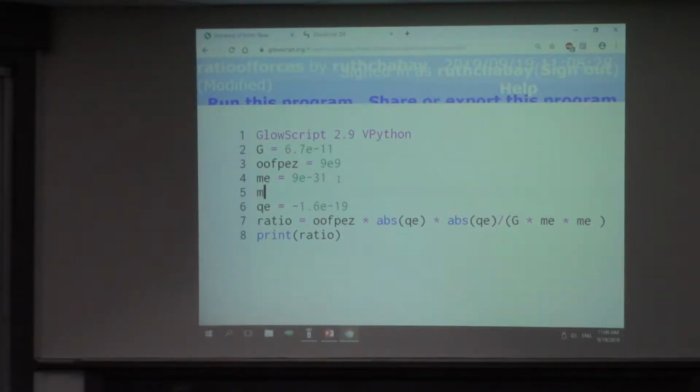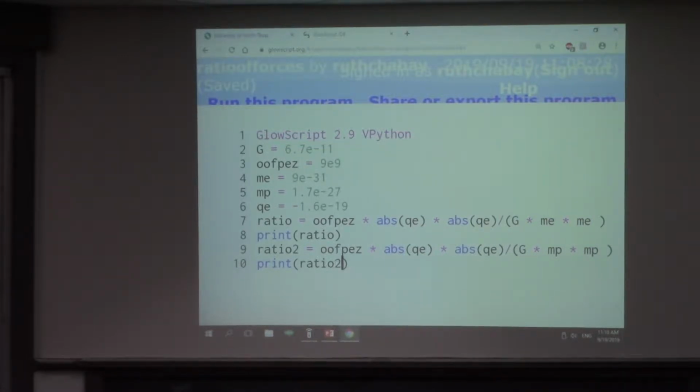So let's change this to mass of a proton. The mass of a proton is 1.7 times 10 to the minus 27 kilograms. We'll call that ratio 2. But we'll change this to mass of the proton, and we'll print ratio 2.